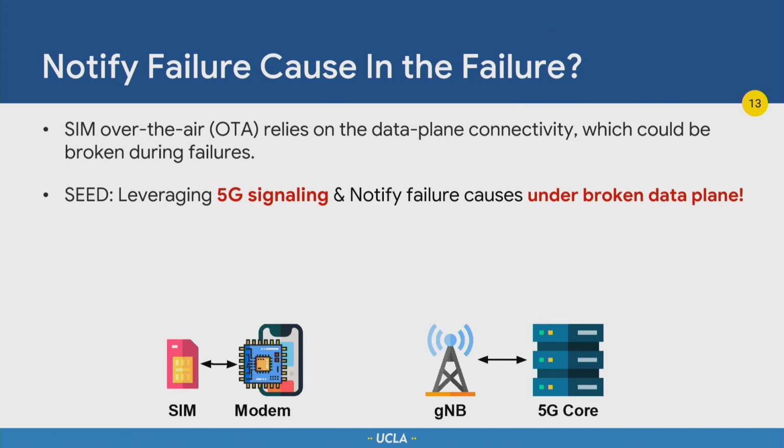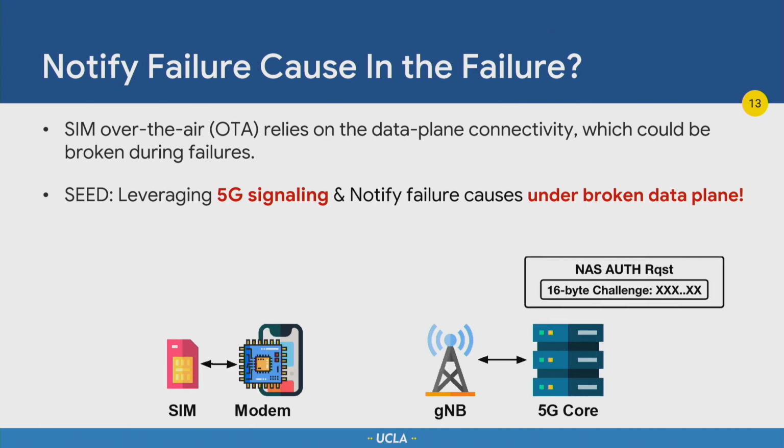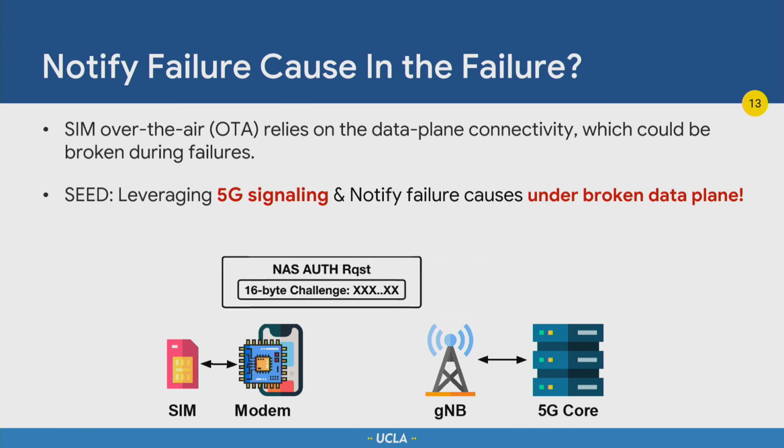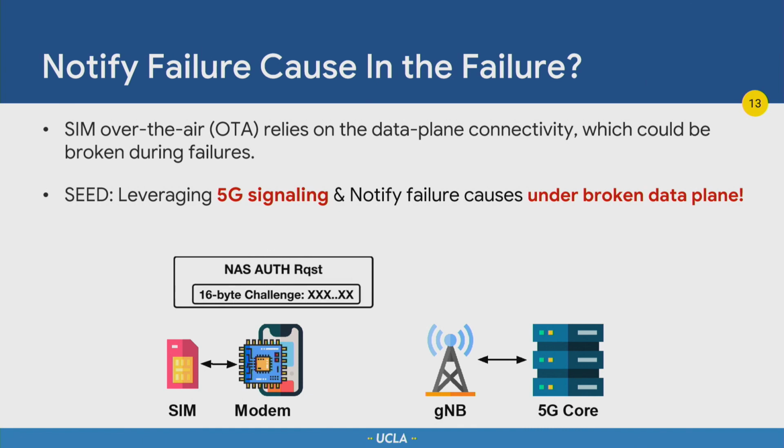For the downlink side, what we're using is the NAS authentication request. In the normal case, this authentication request is used to authenticate the UE, more like these devices. The way it works is that the core side will generate 16 random bytes, and then this message will be sent to the base station and forwarded to the modem. Finally, the modem will directly forward these 16 bytes to the SIM card, and then the authentication happens.